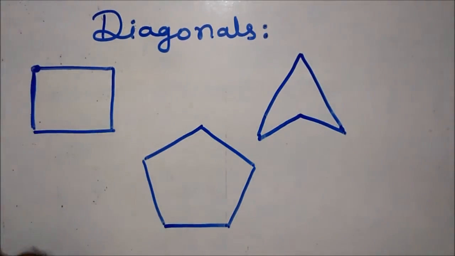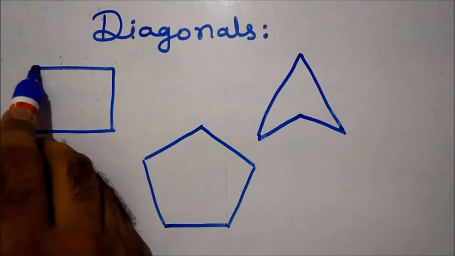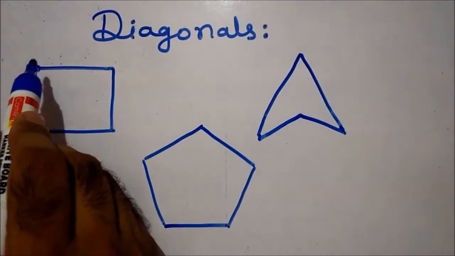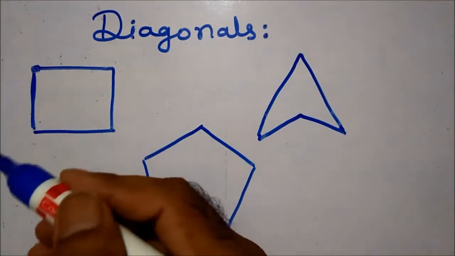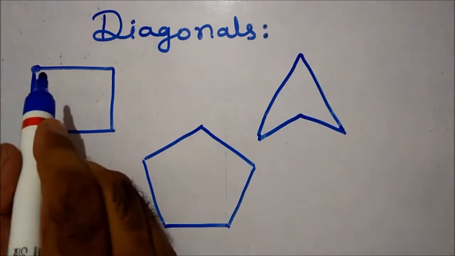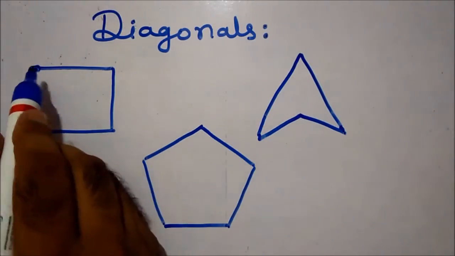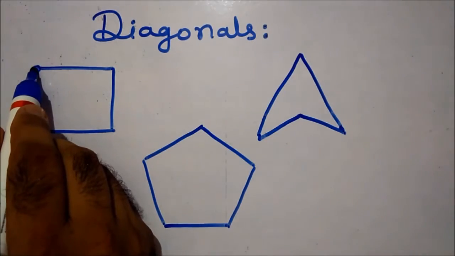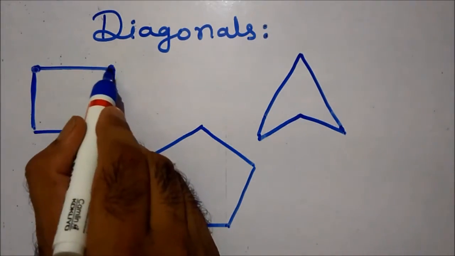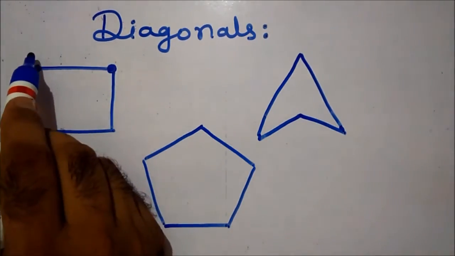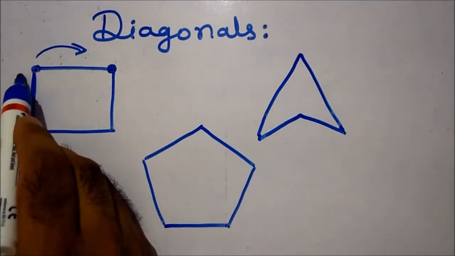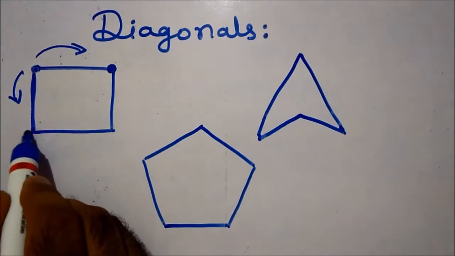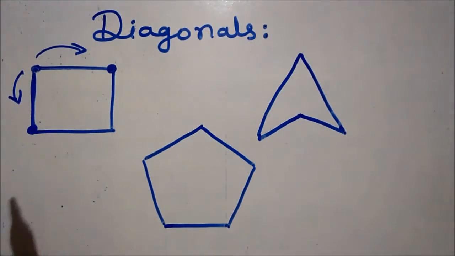Suppose we have this vertex. Consecutive means the vertex which comes after that. So after this vertex, this will come. If we go in this direction, and suppose we go in the reverse direction, then this will be its consecutive vertex.